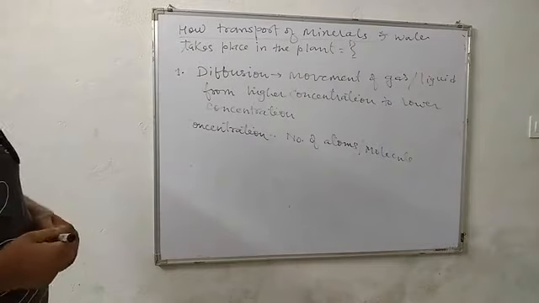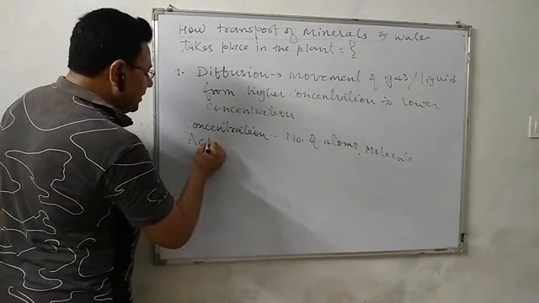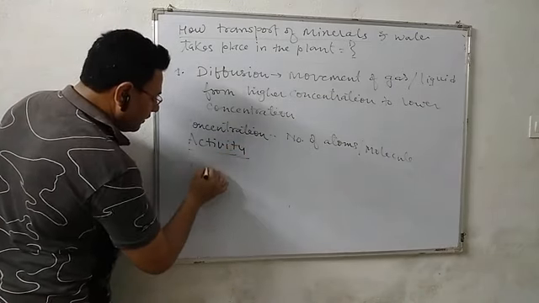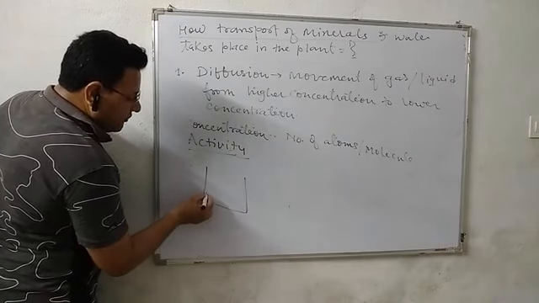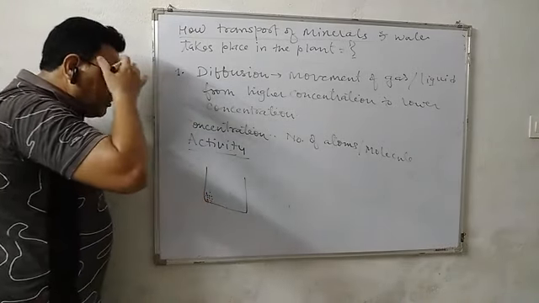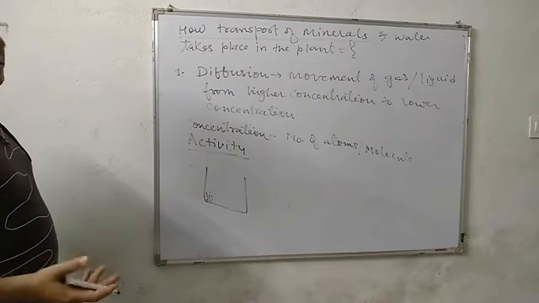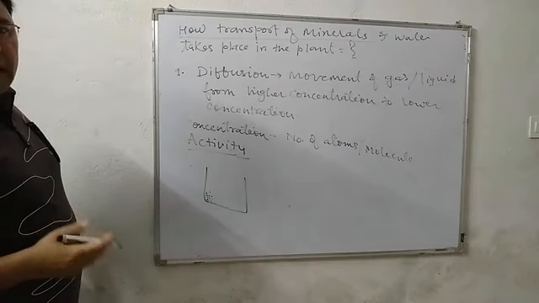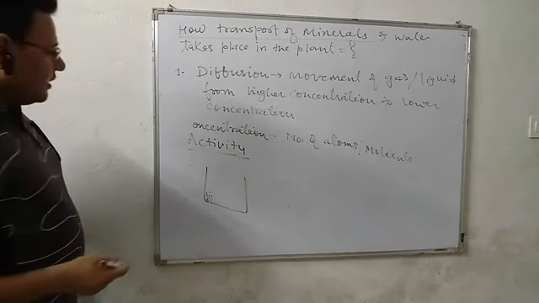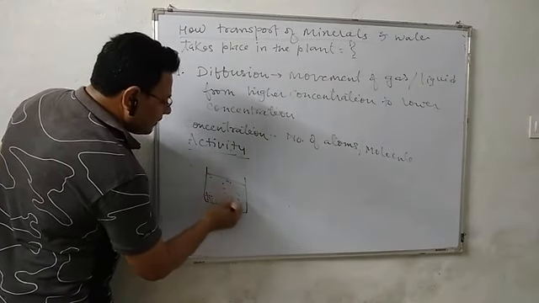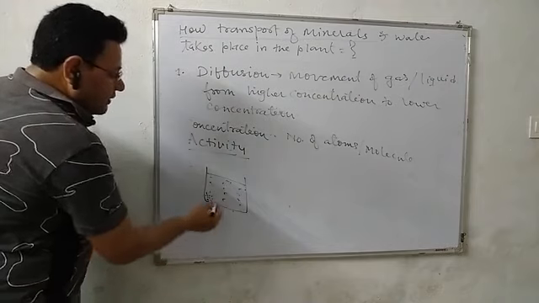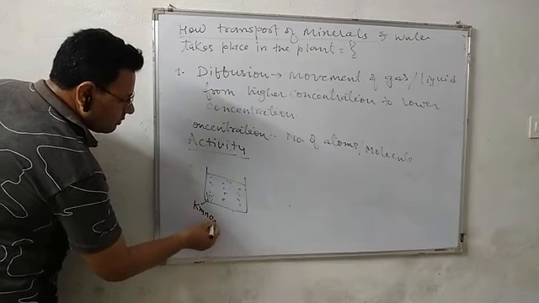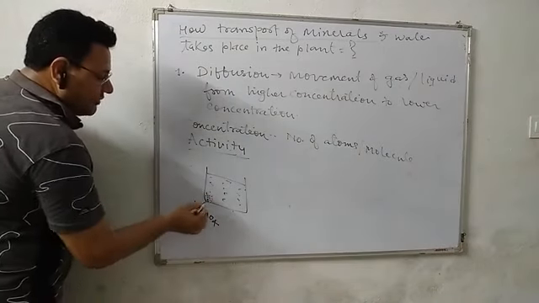Let us have an activity by which we show this process of diffusion. Take some amount of KMnO4, potassium permanganate, which is normally present in our lab, has a brown color and dissolves in water very easily. So we have water in a vessel and a very small amount of potassium permanganate, KMnO4, we keep here.